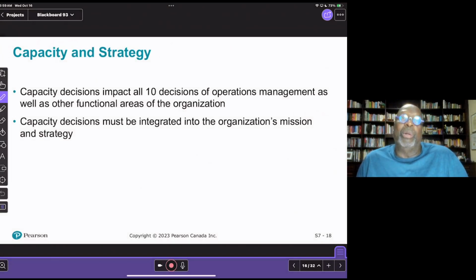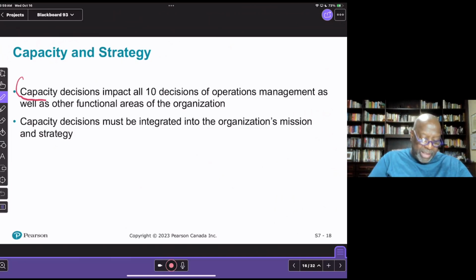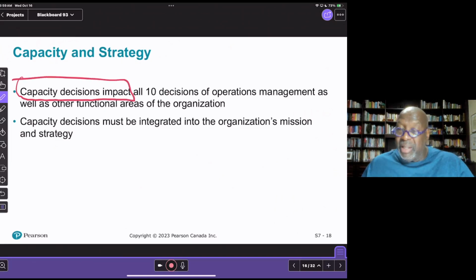If you're thinking about your project planning, capacity can impact that as well. Your location, all these areas, your queuing, your scheduling, your inventory management, all of these areas can be impacted by capacity decisions. If you think about production, capacity will have implications for your inventory management system. So keep that in mind, right? So all of the areas can be impacted by capacity decisions.